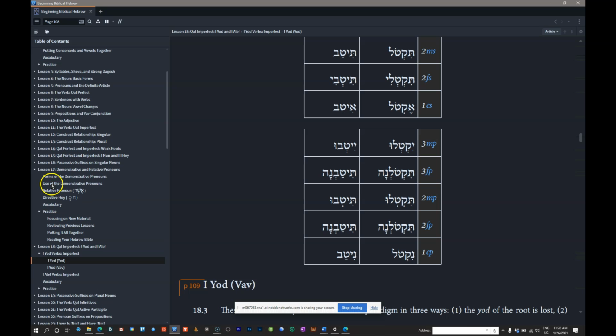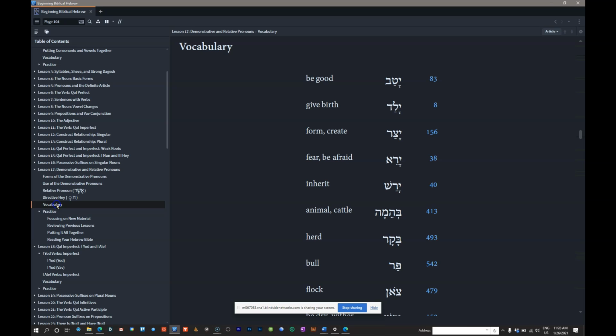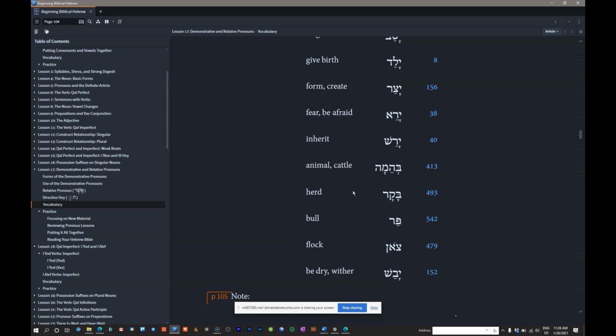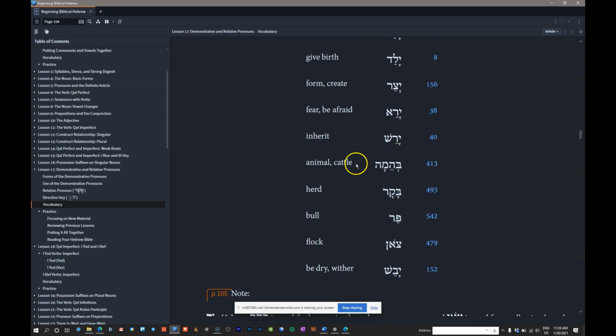Sometimes I'll also go through the vocabulary, and for example, let's take a look here. I'll try to give some mnemonics for how to memorize vocabulary.